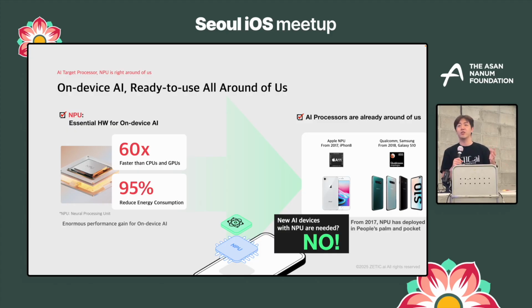They deployed it from 2017, like the iPhone 8. And its competitor Qualcomm deployed an AI-targeted processor, the NPU, from 2018 in the Galaxy S10. So now almost everyone in the world who uses a smartphone in their daily life has their own AI-targeted processor. So it's time to utilize those devices, not just running AI on the GPU cloud server.